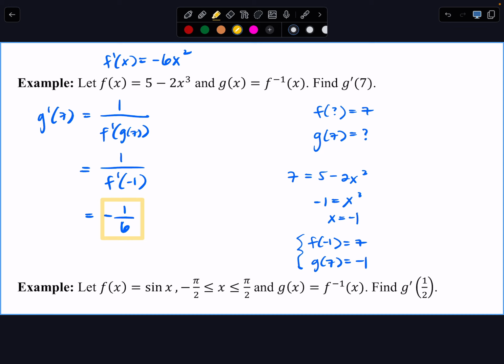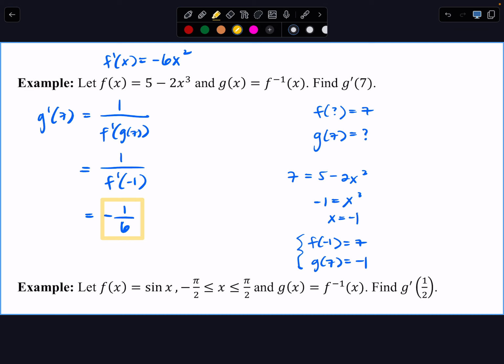What did you get for x? Explain it one more time. Negative 2 equals x. I like to write it out in the form that f of a would be equal to b, so that means g of b would be equal to a.